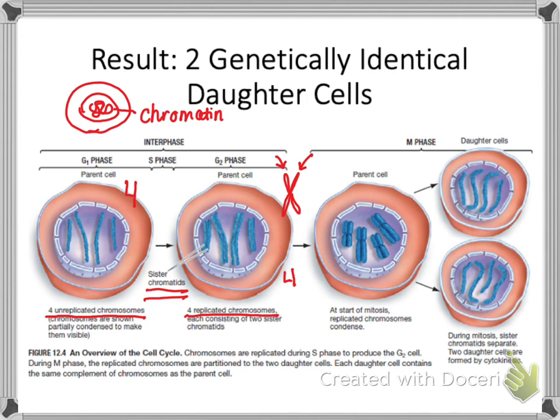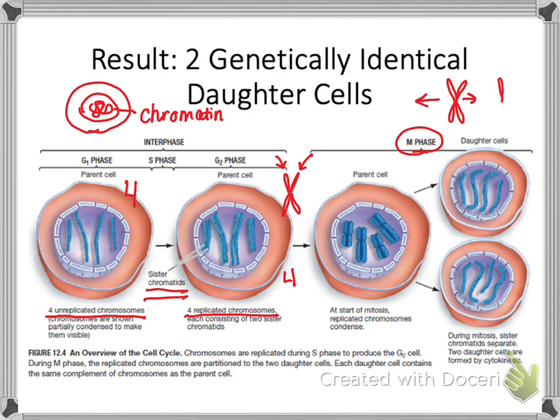Now in the M phase, what's going to happen is you can see that they're more condensed. You can definitely see that they're more X-shaped in this M phase at the start of mitosis. Those replicated chromosomes are going to divide. So what's going to happen is those X-shaped chromosomes are going to get pulled apart.